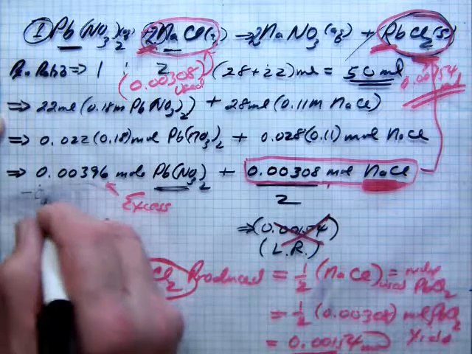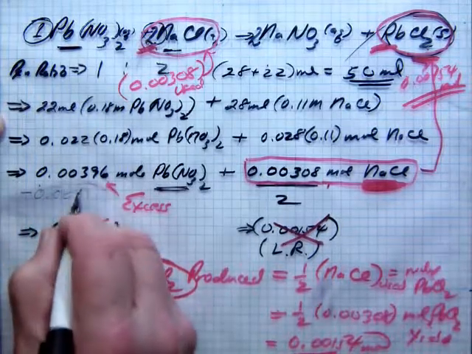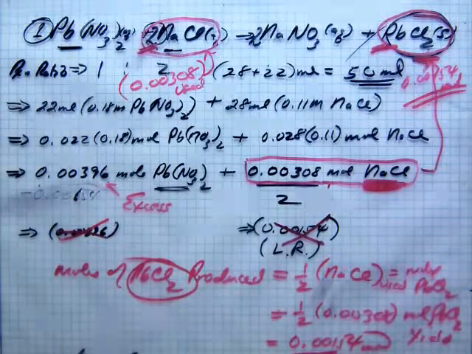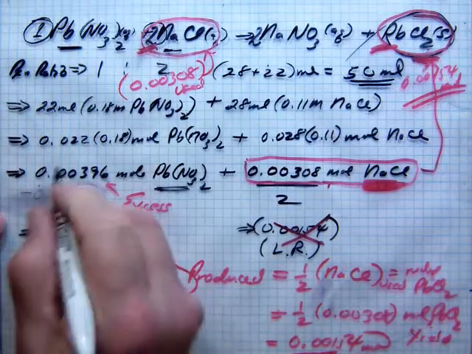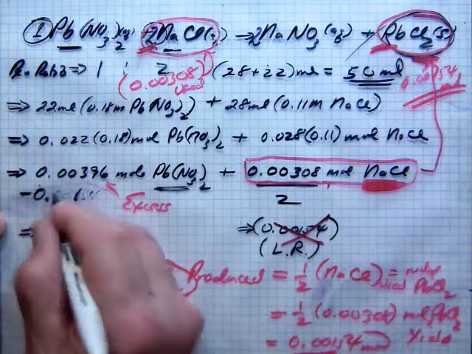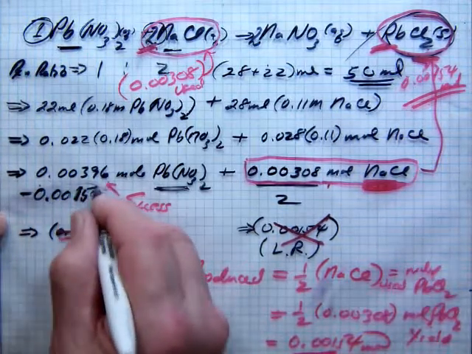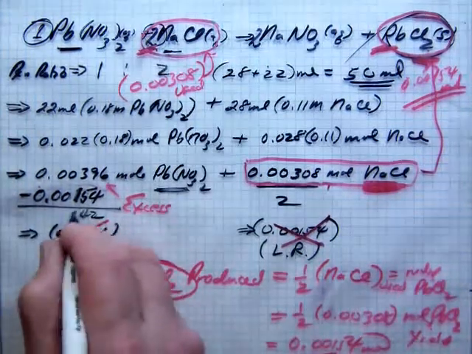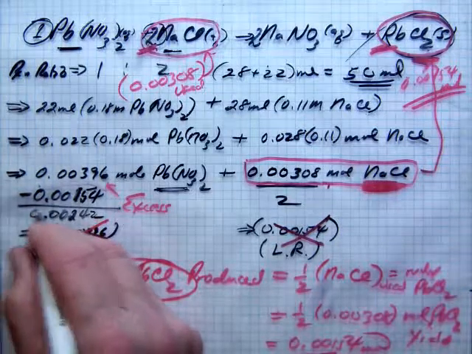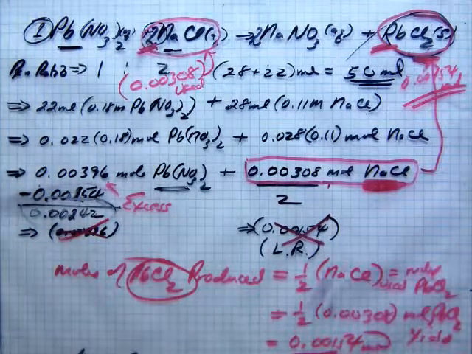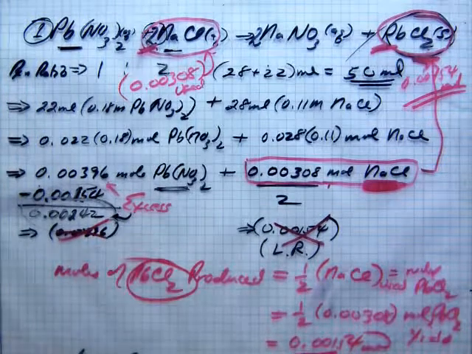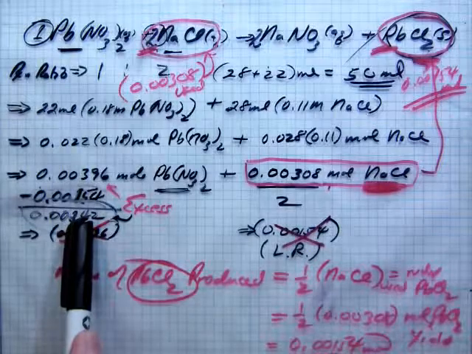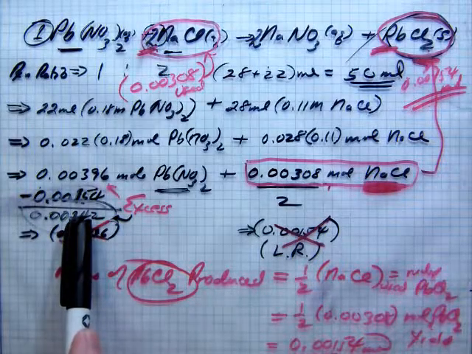So I'll subtract out 0.0015. Sorry, guys. There is the excess lead nitrate. So you've got this many moles of lead nitrate floating around in solution.